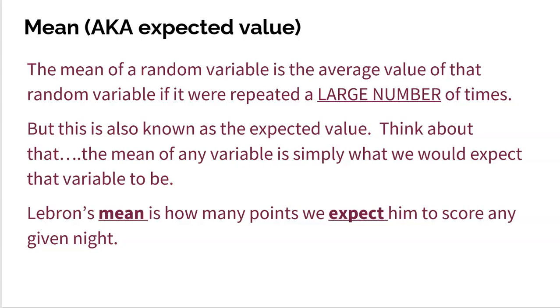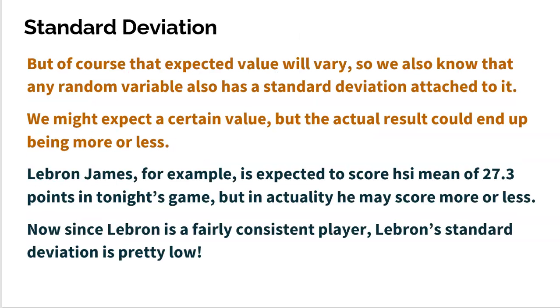Now, obviously, if you're thinking about this and connecting this to what we've already learned, LeBron could score more than his mean. He could score less than his mean because, well, the points he scores in a game varies. So, of course, with a mean comes a standard deviation. So we might expect a certain value, like we might expect LeBron to score 27.3 points tonight, but the actual result of the game is probably going to be something more or less than that.